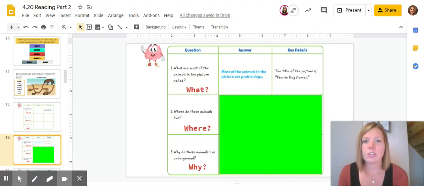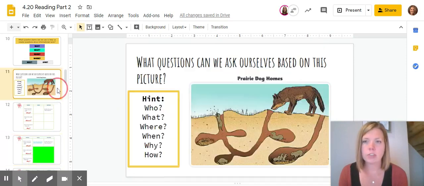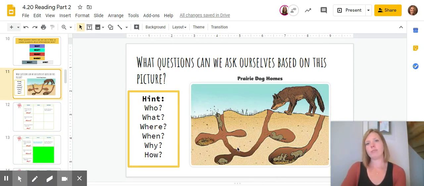So my second question now says, where do these animals live? Okay, well, I'm going to go back to the picture. And when I look at the picture, I don't specifically know what part of the country these prairie dogs are in, or the area surrounding where they are.